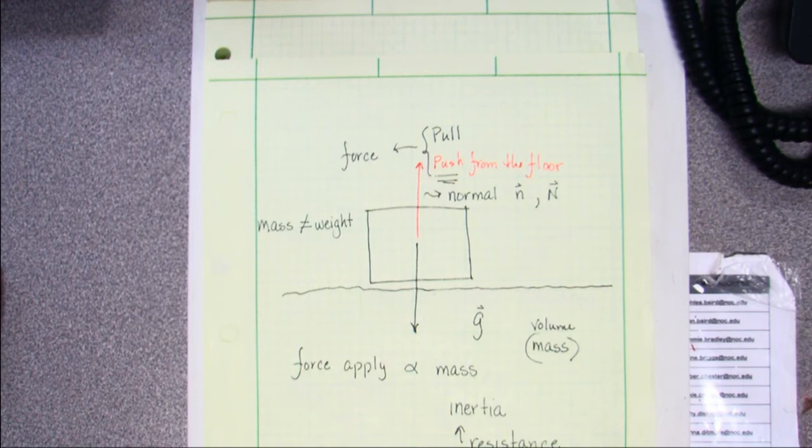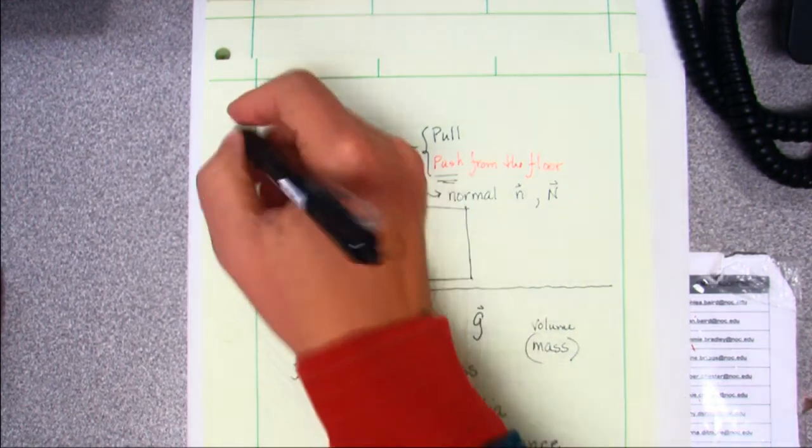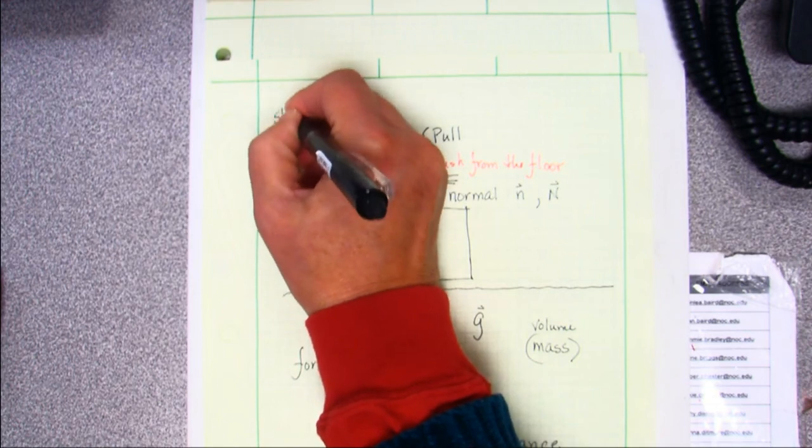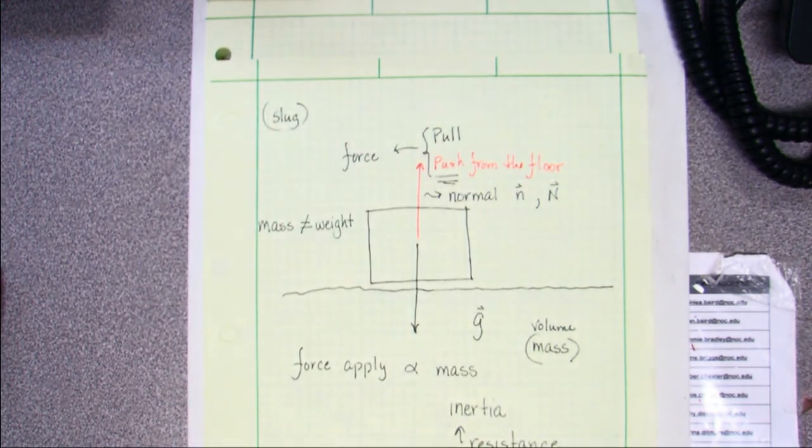Anybody in here know? Is it PSI? PSI is pounds per square inch. I'm really not expecting you to know, because we don't use them very often. But you have to kind of know it. It's a slug. The unit of mass in the English system is called a slug.